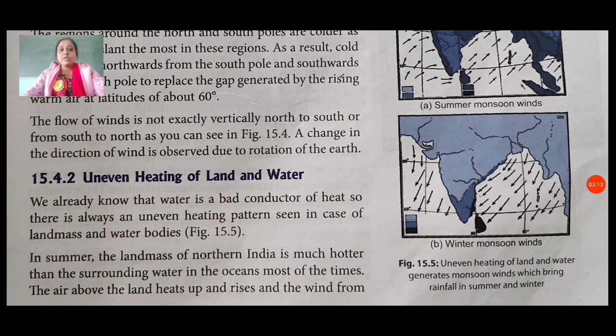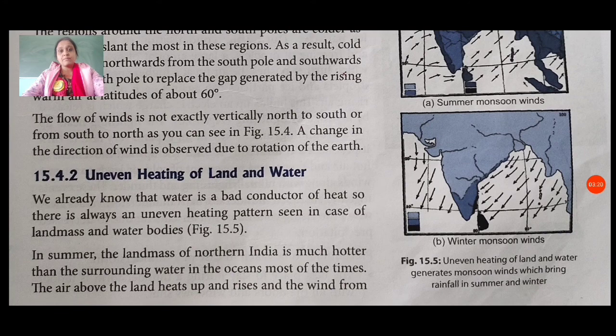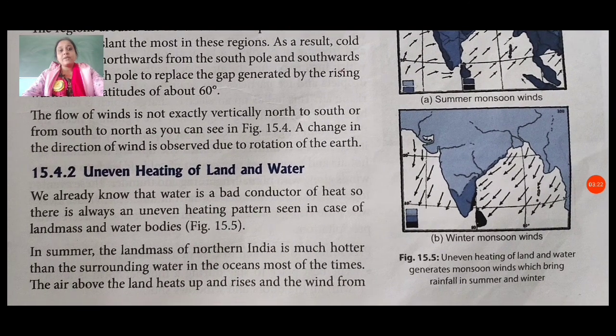The flow of winds is not exactly vertically north to south or south to north, as you can see in figure 15.4. A change in the direction of wind is observed due to the rotation of the earth. All these things are possible because of the rotation and revolution of the earth. Day and night occur, and the seasons occur, all because of the rotation of the earth.